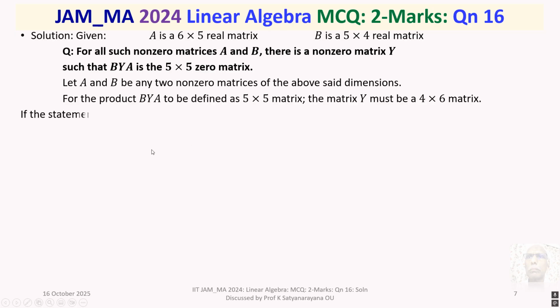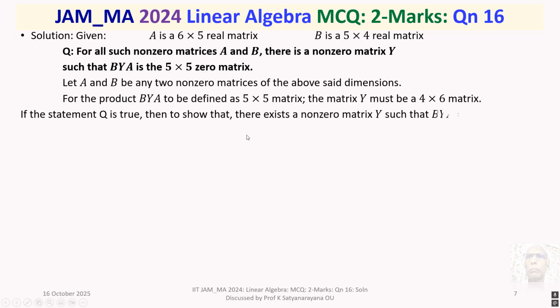Now, if this statement Q is true, then we need to show that there exists a non-zero matrix Y such that BYA is equal to 0.